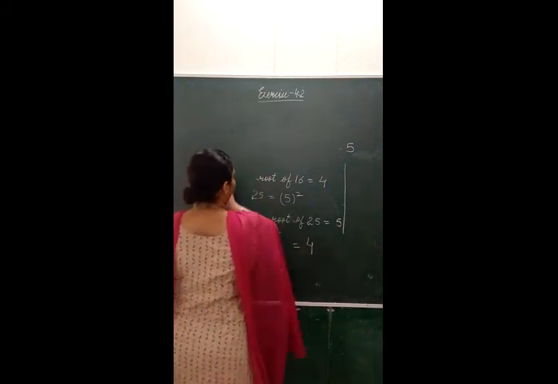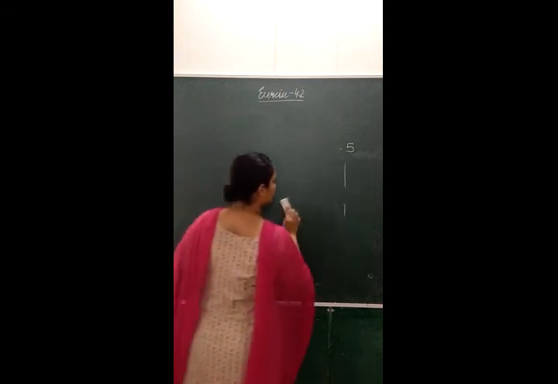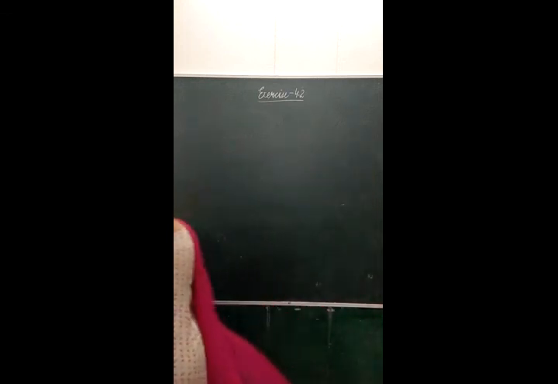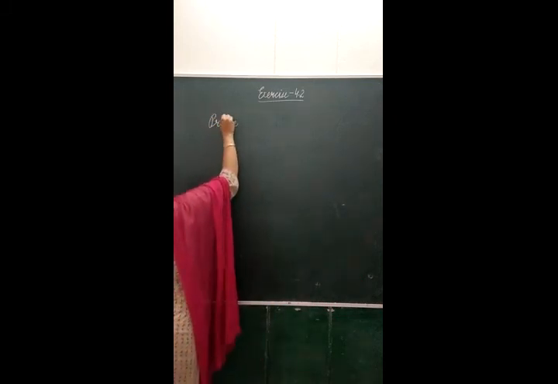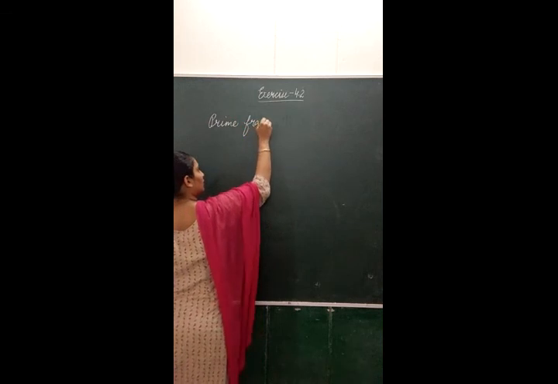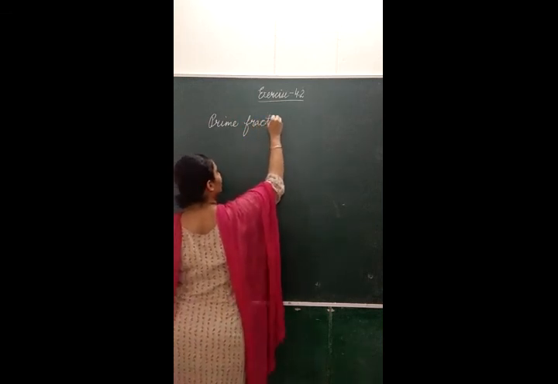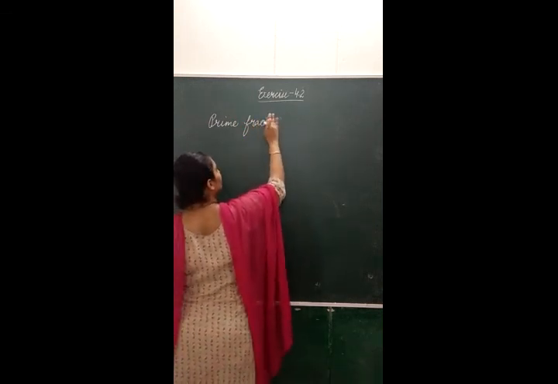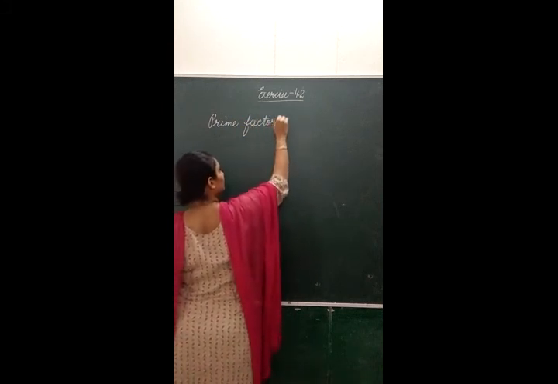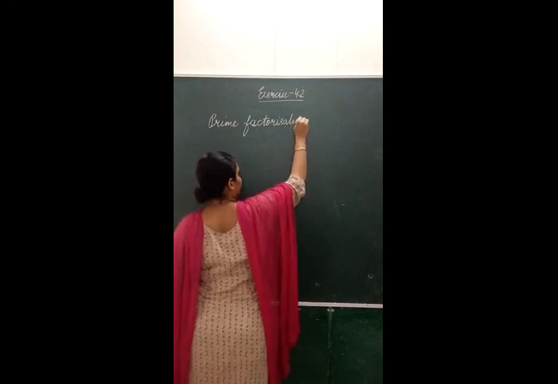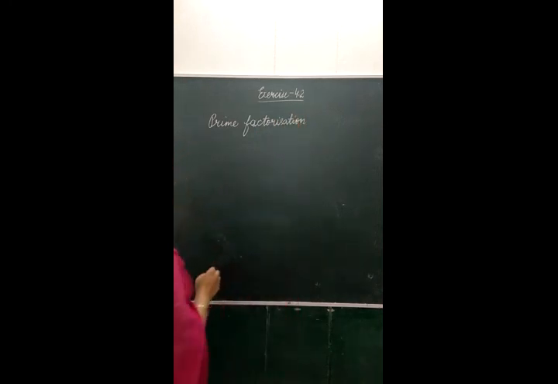Now there are different methods to find the square roots. First method is prime factorization. So how can we find the square roots using the prime factorization?